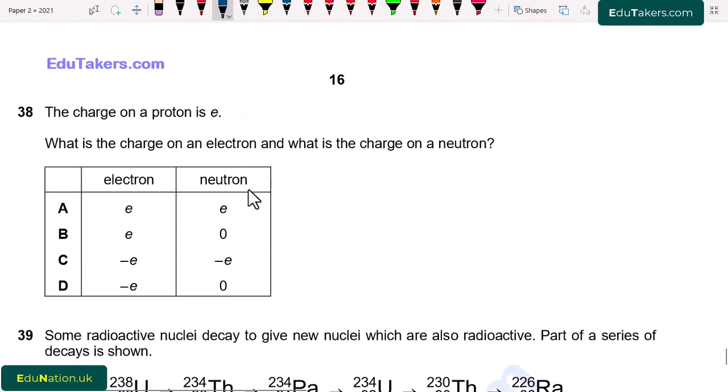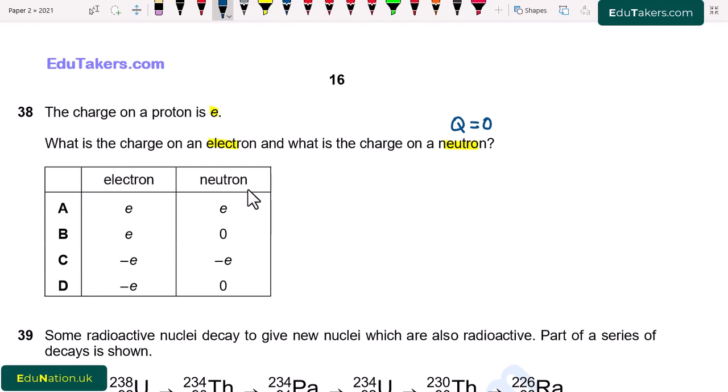Question number 38. The charge on the proton is E. What is the charge on the electron and what is the charge on neutron? So first of all, we know that neutron is neutral, it has no charge. So charge on the neutron is equal to 0, while charge on the electron is opposite to that of the charge of proton.